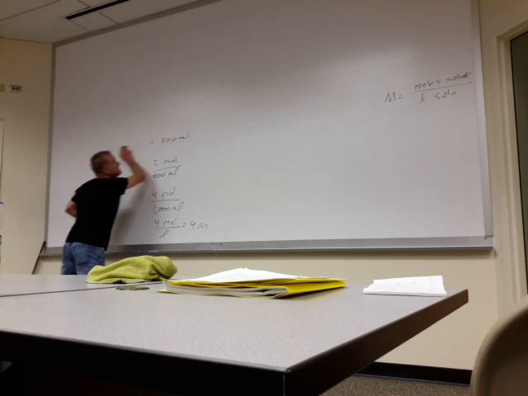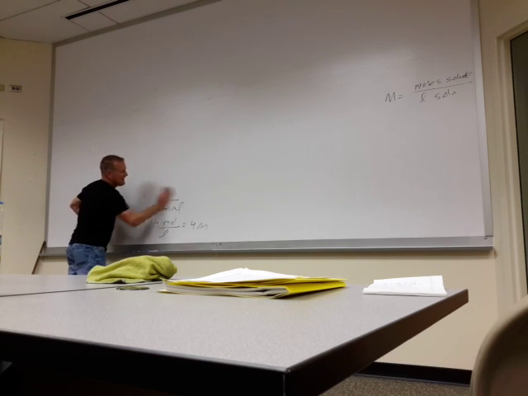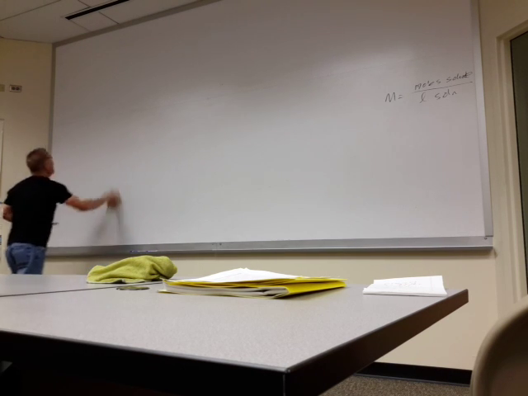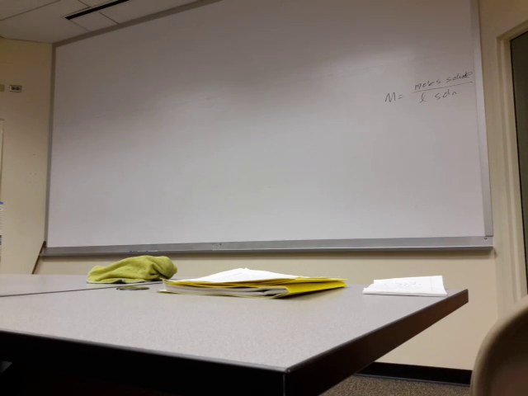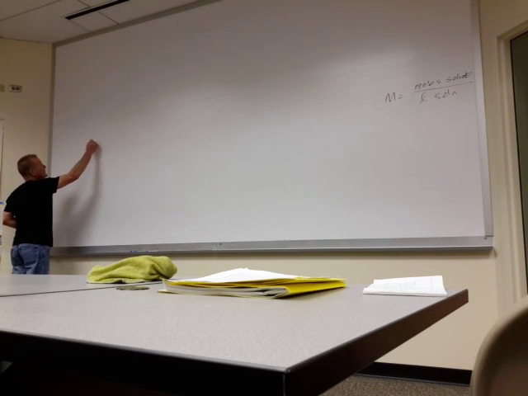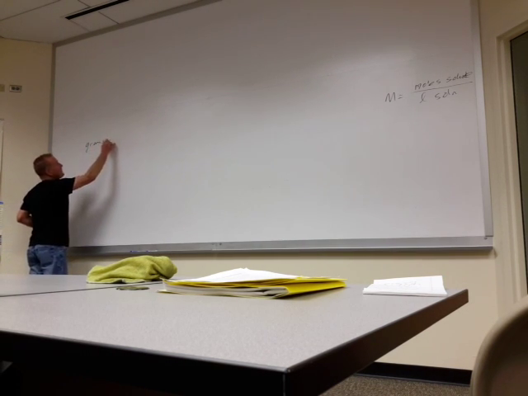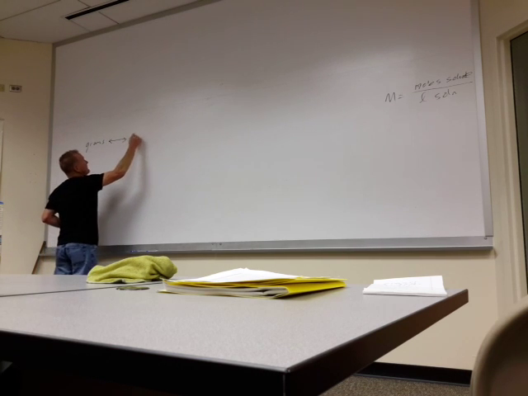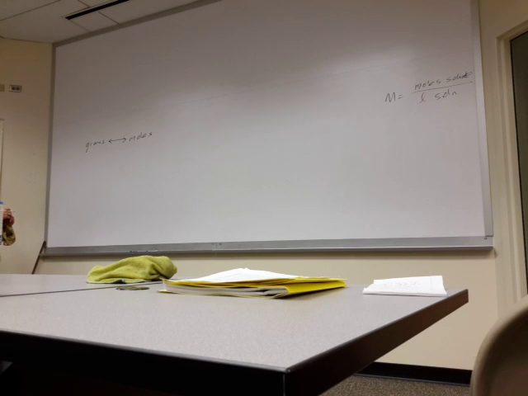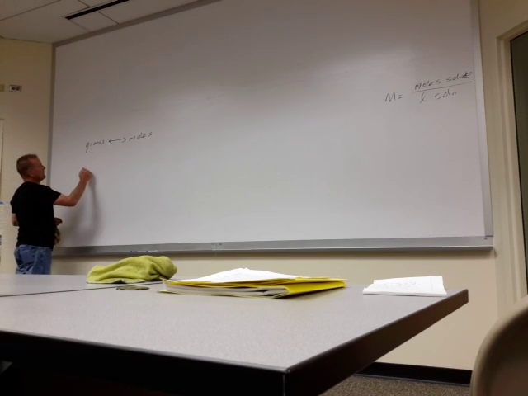What's next is to talk about how we deal with moles, and then molarity, when we're given grams. So we need to be able to convert back and forth between grams and moles. And if you like formulas, it would go like this.